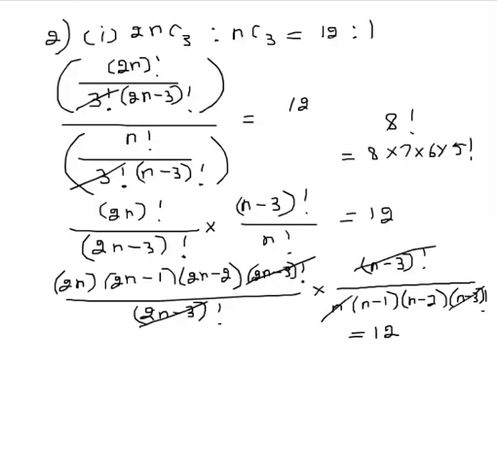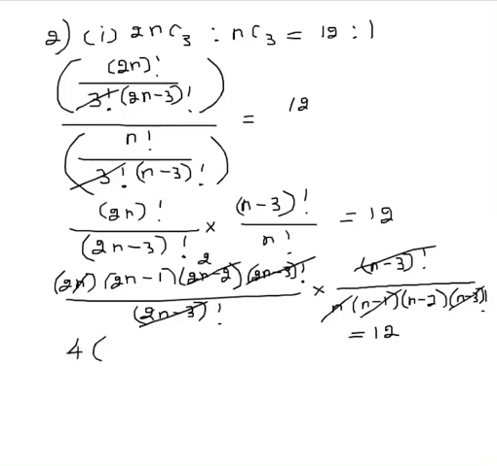I can cancel n here. If I have 2n factorial divided by n factorial, I cannot cancel n here because we have factorials. But here I can cancel n because we have 2n divided by n without the factorial sign. And here if I take 2 common, n minus 1 and n minus 1 will get cancelled, and we get 2.